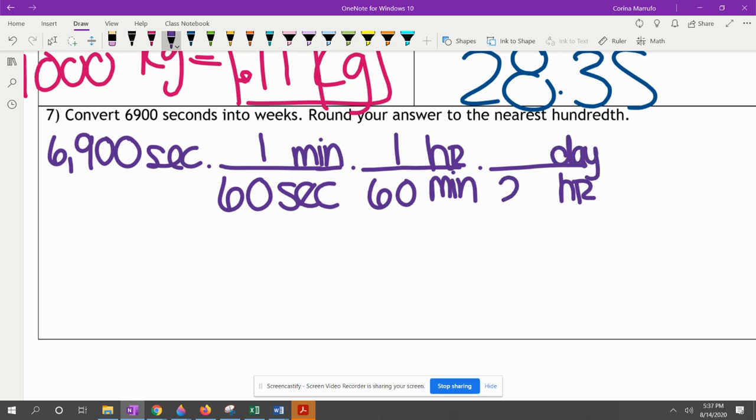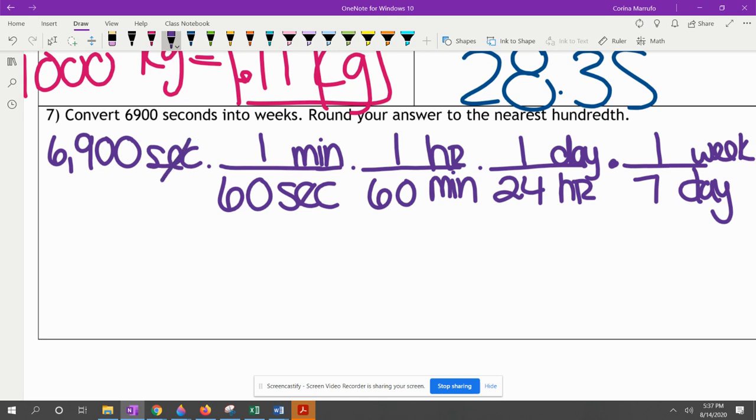There are 24 hours in 1 day. We're almost there, up to weeks. We're going to cancel out the days, and the weeks is going to go on the bottom. How many days are there in a week? There are 7 days in 1 week. So the seconds cancel, the minutes cancel, the hours cancel, the days cancel, and all we have is weeks.